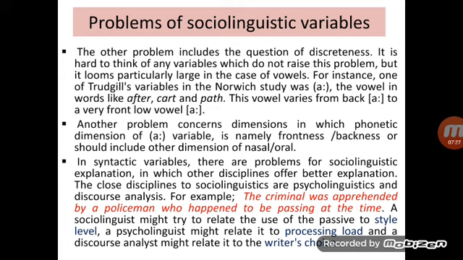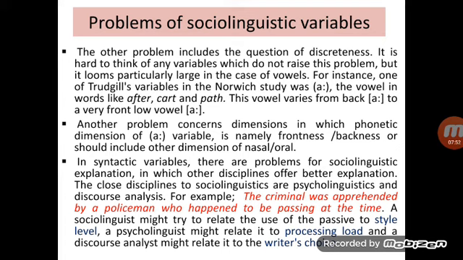This vowel varies from back, which means ah, to the very front, as in a. Another problem concerns dimensions, namely whether the phonetic dimensions for the vowel a variable are frontness or backness, or should include other dimensions such as nasal or oral.